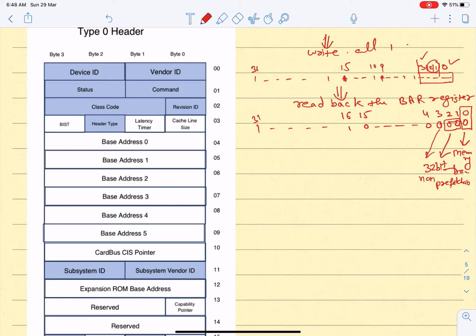And we wrote 1 from 31 down to 4, but when we read it back, we got that 15 down to 4 is 0 and the 16th bit is 1. What it implies is that this is the size of the memory.